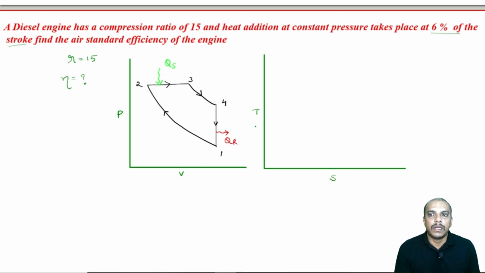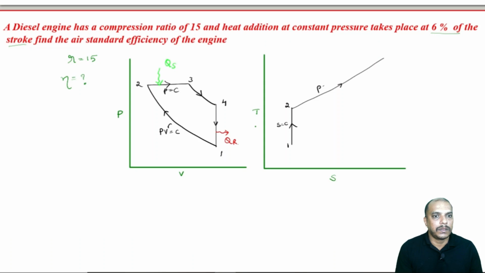Similarly, 1 to 2 will be reversible adiabatic, that is PV power gamma is equal to constant, or entropy is equal to constant. Both are one and the same, reversible adiabatic or isentropic. Then 2 to 3 is constant pressure.